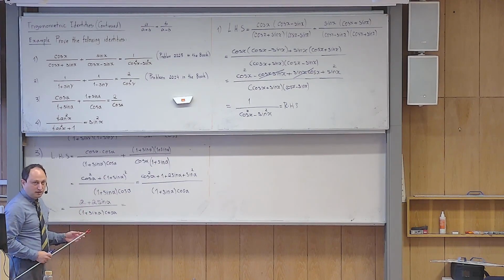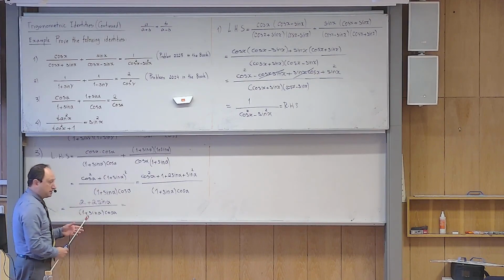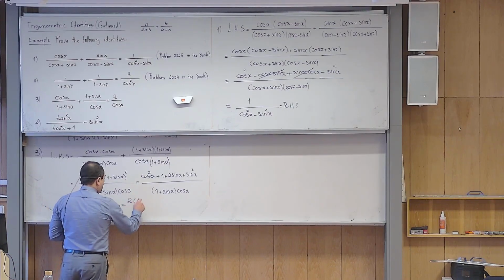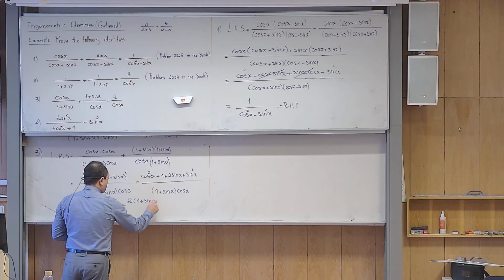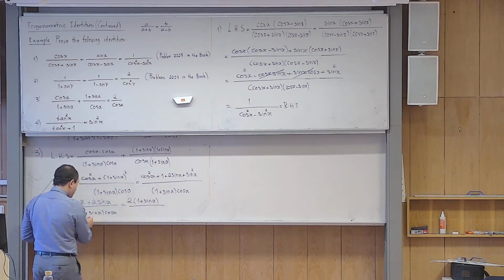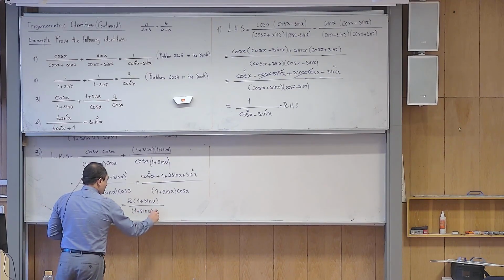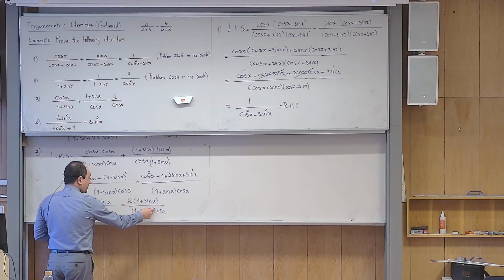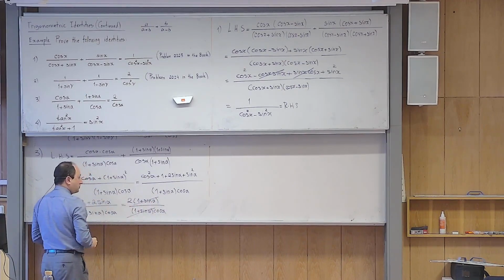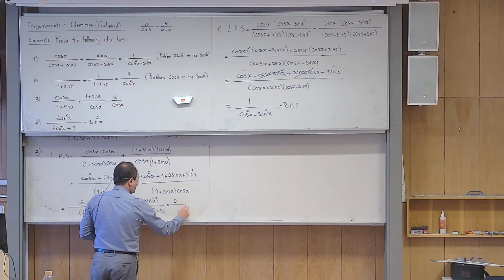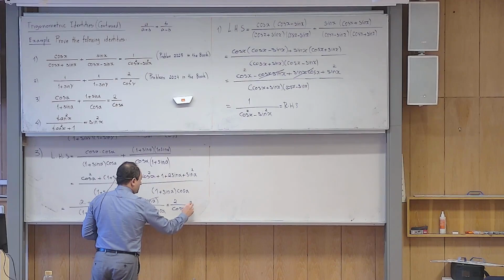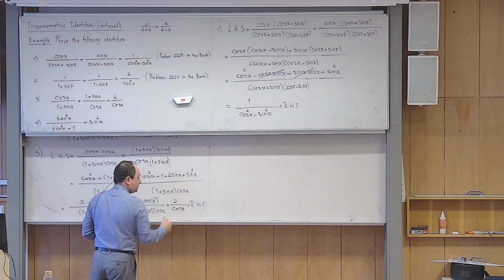Yes? Factorize 2. Factor 2, okay? So factor 2, and then it becomes 1 plus sine alpha. The reason that this is better is because then you see that this factor appears that can be cancelled out, yes? Now this factor and that factor are gone, so this becomes just 2 over cosine alpha, and that's exactly equal to your right-hand side.